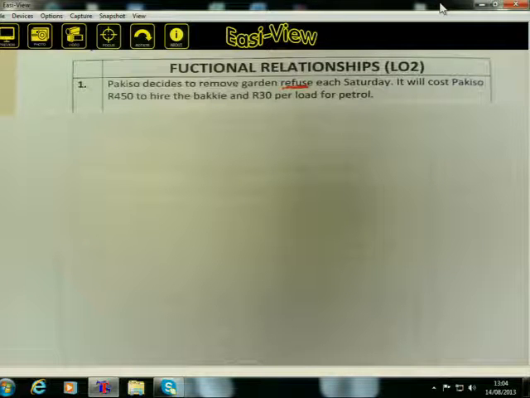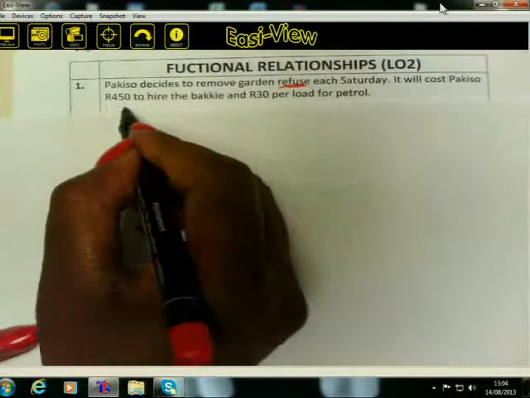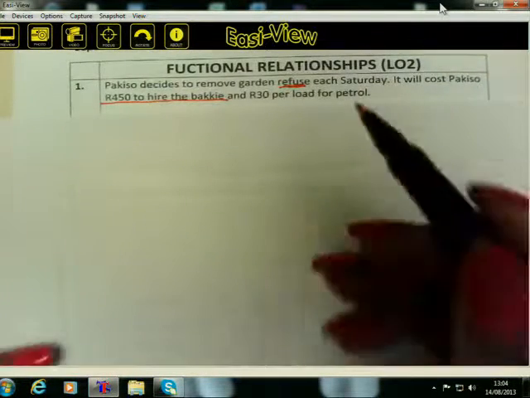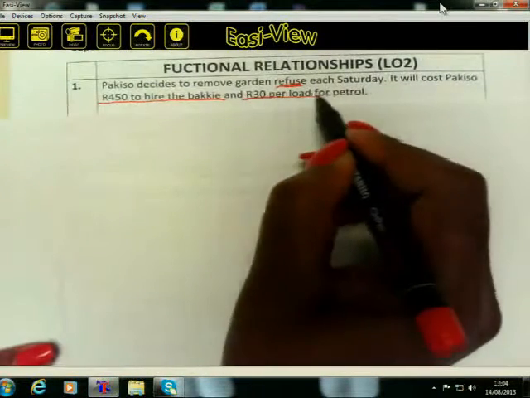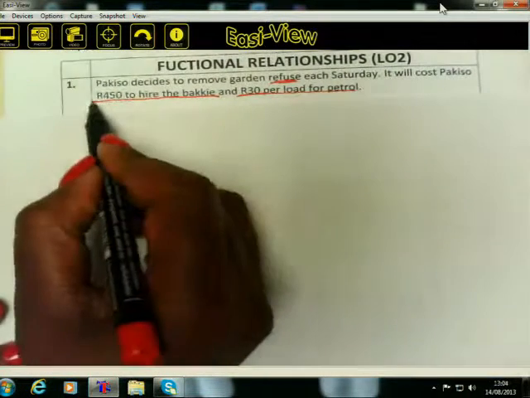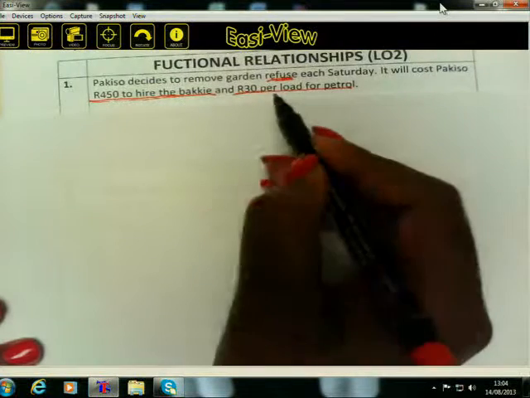Let me repeat this statement. Pakiso decides to remove garden refuse each Saturday. It will cost Pakiso 450 to hire the bakkie and 30 rands per load for petrol. If you look at the statement, we have actually 2 values: 450 for hiring the bakkie and 30 rands per load for petrol.